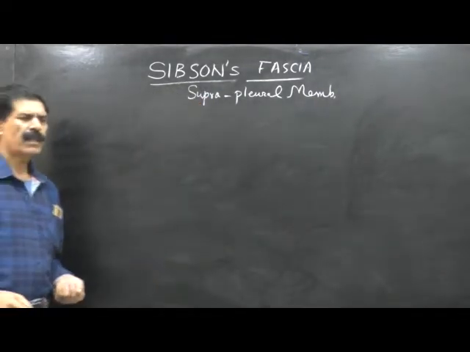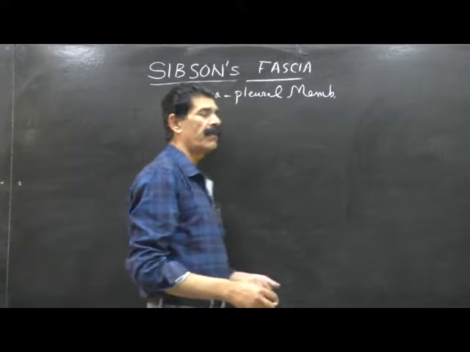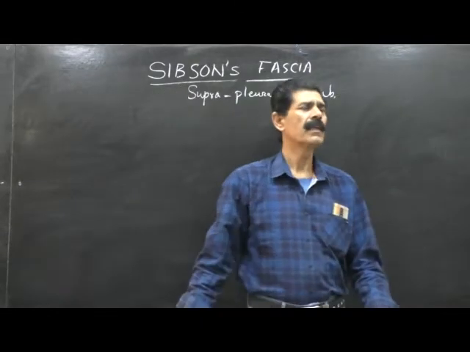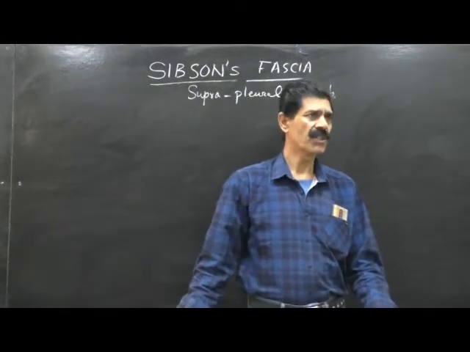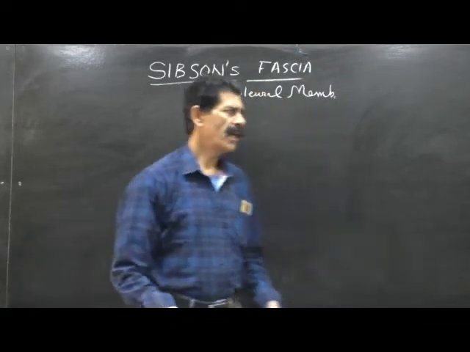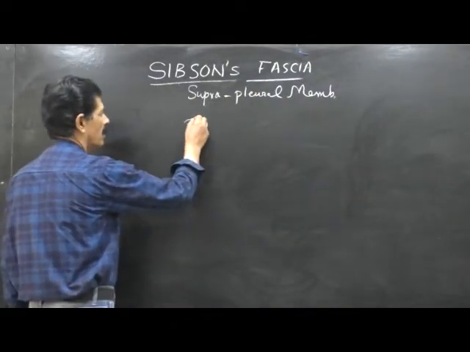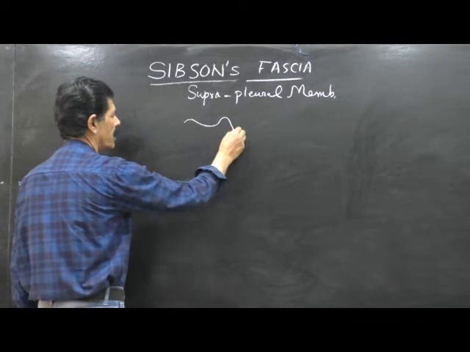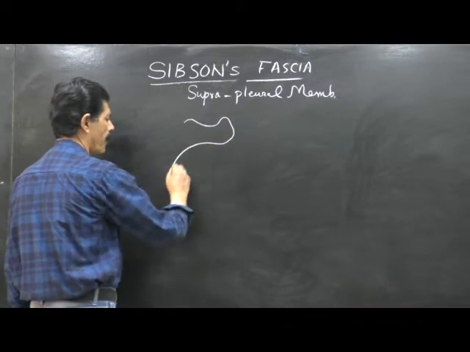This membrane is derived from the endothoracic fascia, and it is related to the first rib.